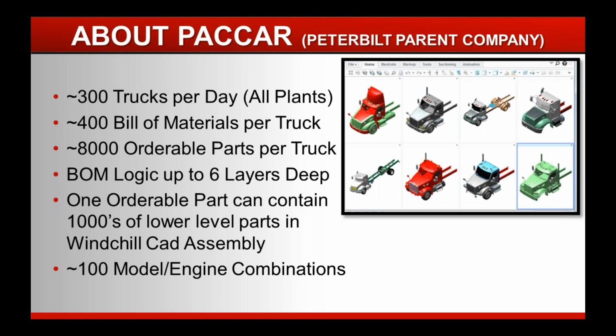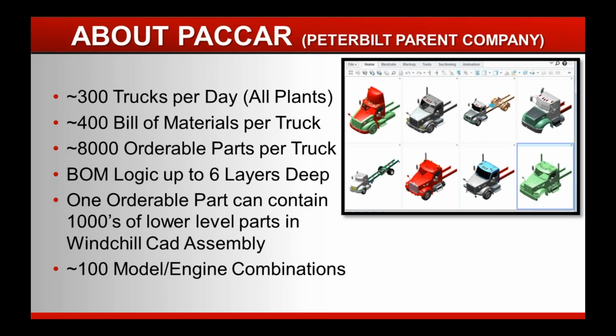The complexity of the logic behind those bills of material can be 6 layers deep. The customer orders an option code, and in our system there are all kinds of layers to that option code that end up selecting the bill of material. From a CAD assembly standpoint, one orderable part, like an engine, is just a part number in the bill of material, but that assembly in our system has lots of lower level parts that we're managing.